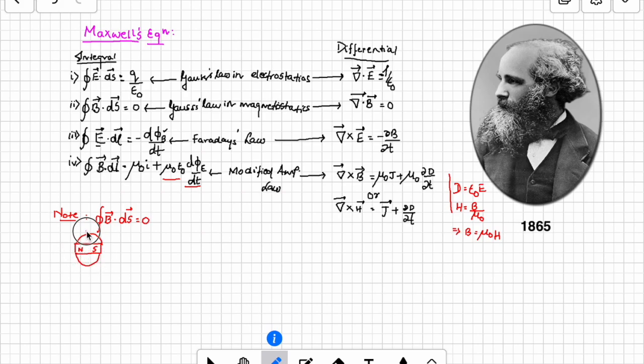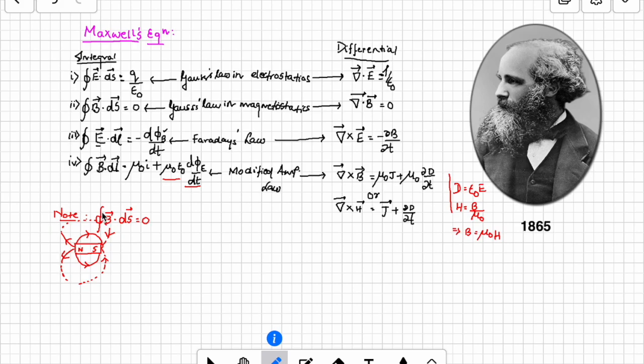If you want them to be closed, they can start from the north pole but should end at the south pole. So in simple words, magnetic monopoles don't exist, because if there is only a north pole and no south pole, the field lines won't get closed. We can just say that we have a dipole system, because for a monopole we are not going to get a closed integral. So this is important.